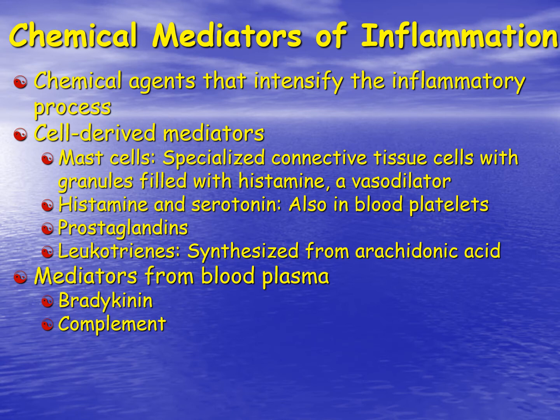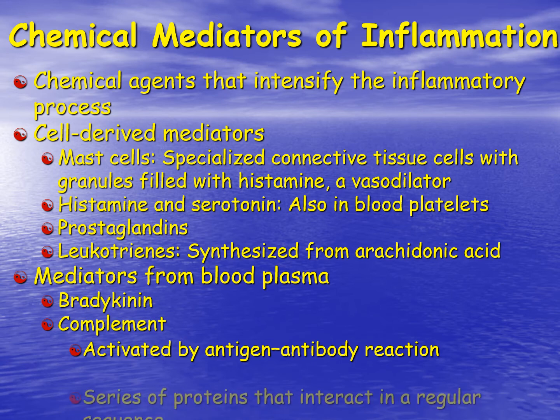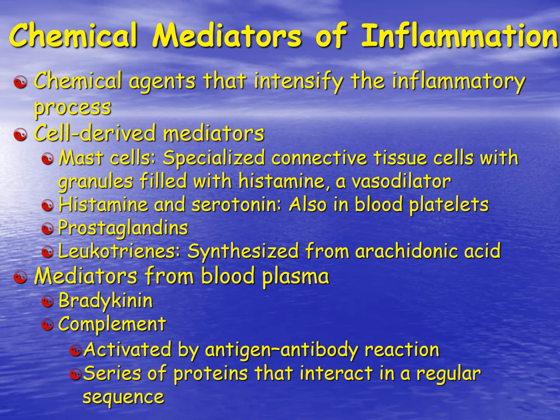And again, we'll talk about these a little bit later on. Complement can be activated by antigen-antibody reactions, and we'll talk about the antigen-antibody reaction actually in the adaptive response. Or complement can be activated by a series of proteins in the blood that interact in a regular sequence, or the complement may actually be activated by something in bacterial cell walls as well.